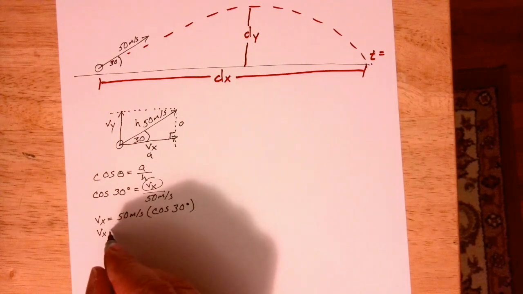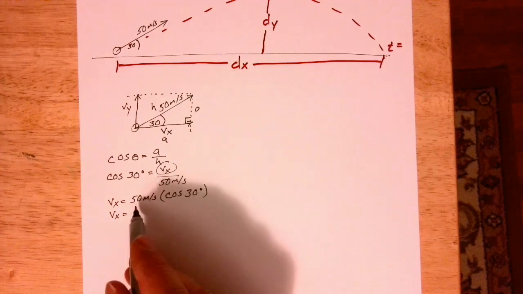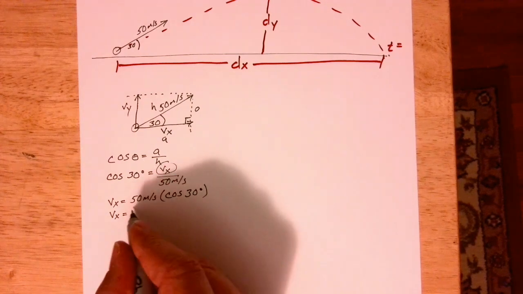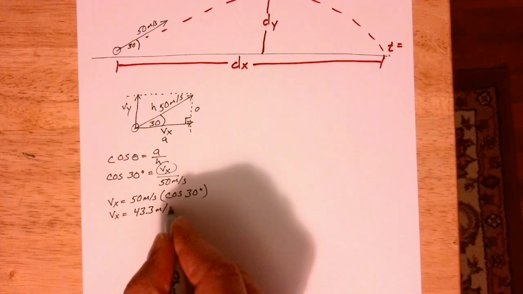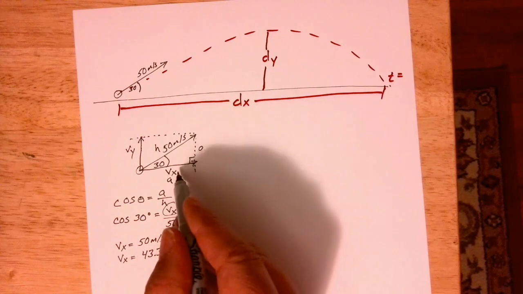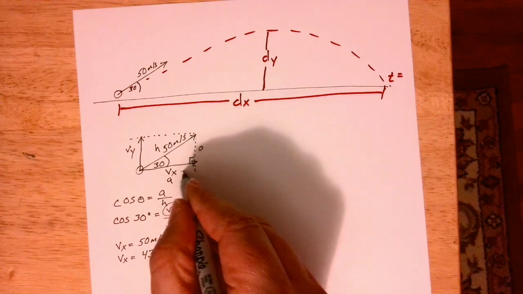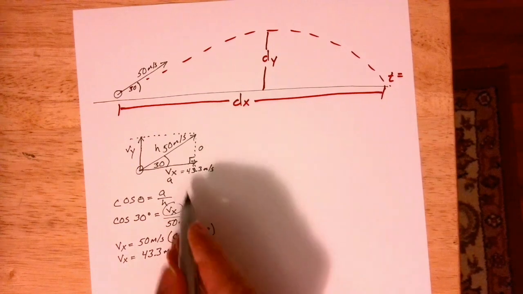That would be helpful here. So if you take the cosine of 30 and multiply it by 50 meters per second, you should get about 43.3 meters per second. And what I would recommend doing is label your diagram. This is traveling at 43.3 meters per second horizontally.